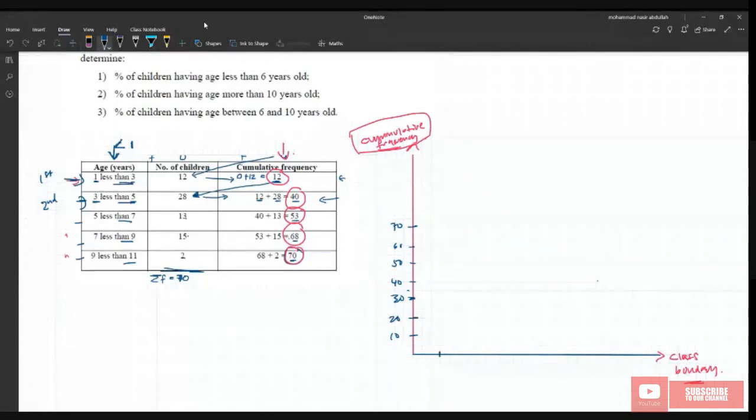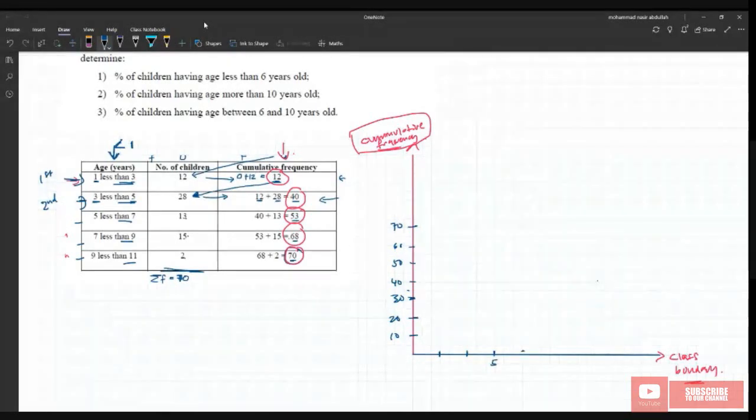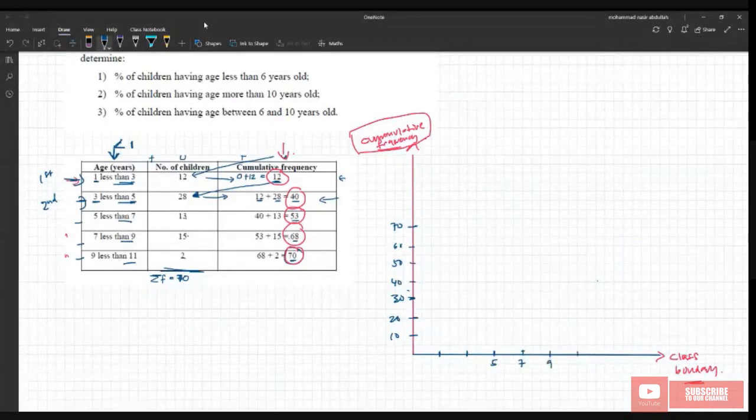And then this is 3, this is 5, this is 7, 9, 11. Right.